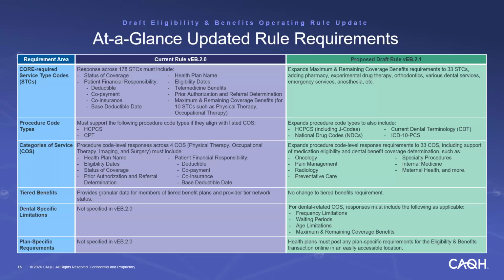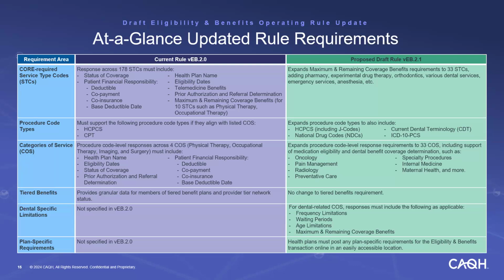Version 2.1 of the rule has 33. So 29 categories of service were added, and they generally align with dental and medication specific care, some of which are listed here at the request of participants and the different organizations that we work with, like ADA, NCPDP, etc.